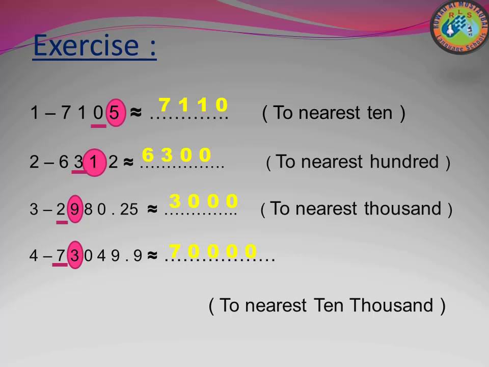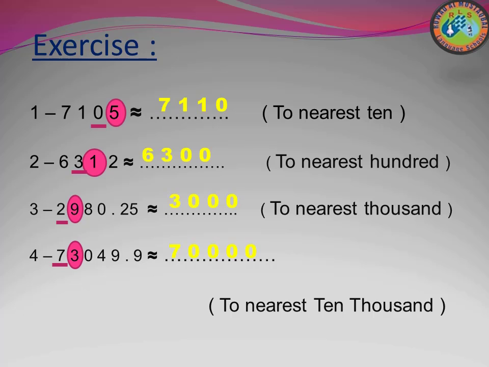Number 2, 6,312 approximated to the nearest 100, so I will underline 100 and circle the digit before. The digit in the circle is poor, so I will replace it with 0, 2 also with 0, and 3 will be as it is. So it will be approximately equal 6,300.